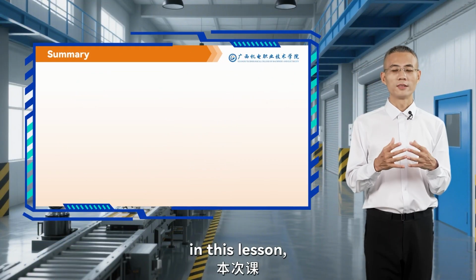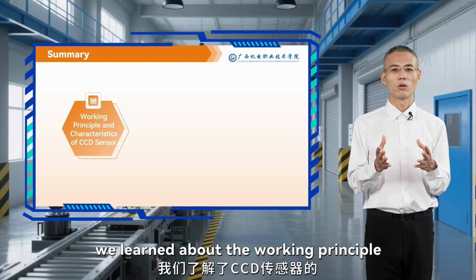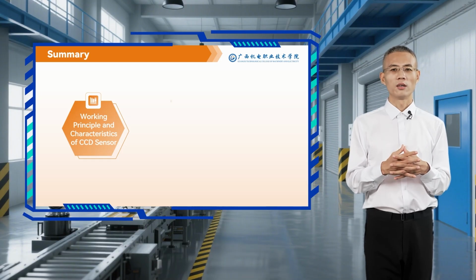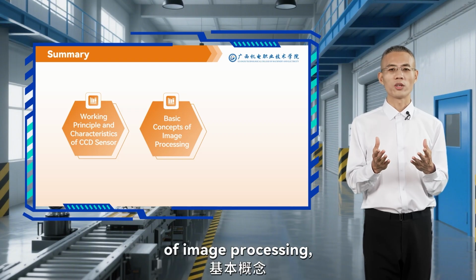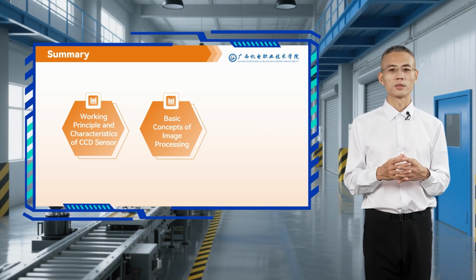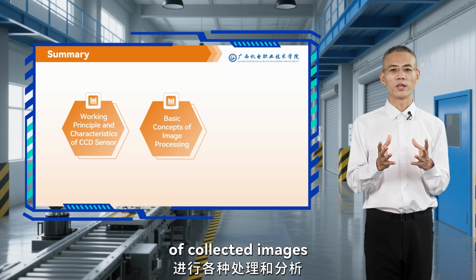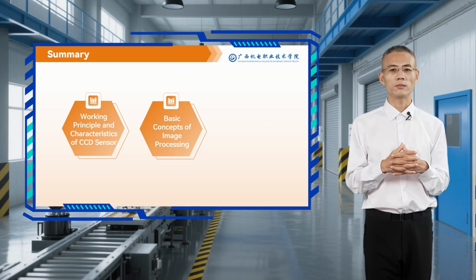Everyone, in this lesson, we learned about the working principle and characteristics of the CCD sensor, and we learned the basic concepts of image processing, which involves various processing and analysis of collected images to extract useful information.